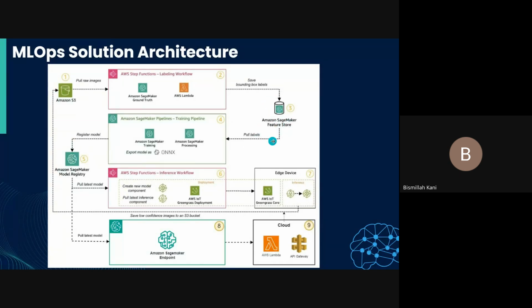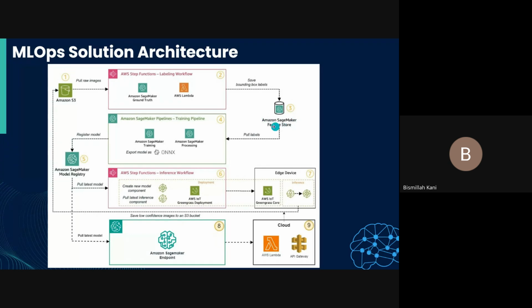Once we have it, we trigger or implement the SageMaker pipeline. Here we have two things: one is a processing pipeline, another is a training pipeline.